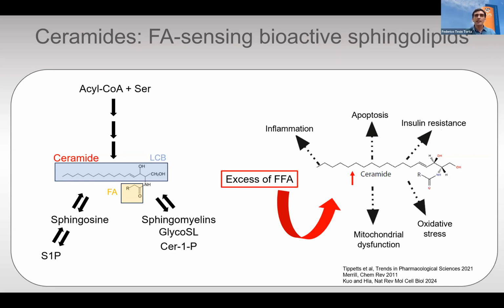But when a cell's energy needs are met and its triglyceride stores are full, then acetyl-CoA enters the ceramide biosynthesis pathway and the level of ceramides increases. And when the ceramides accumulate, they can trigger several cellular processes, including apoptosis, mitochondrial damage, inflammation, and insulin resistance.